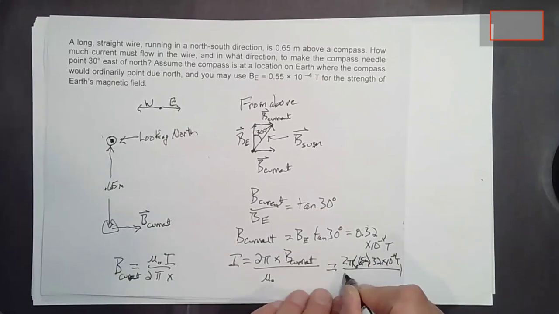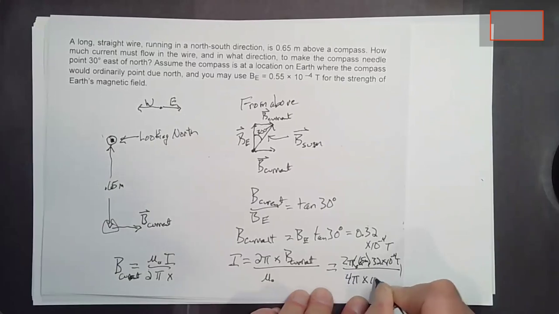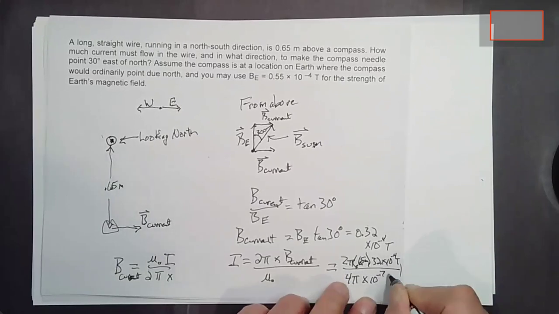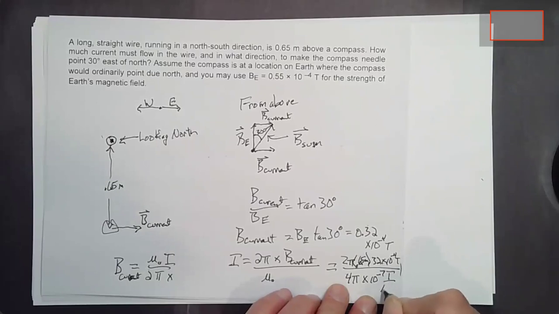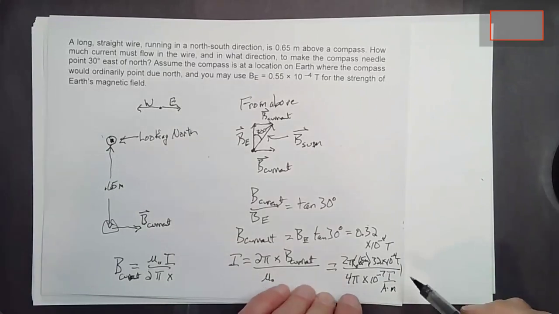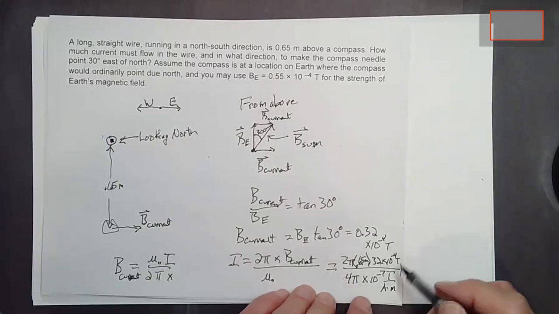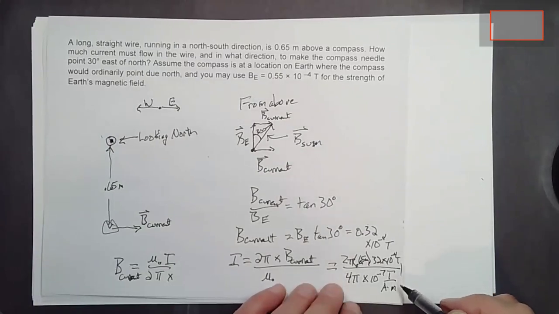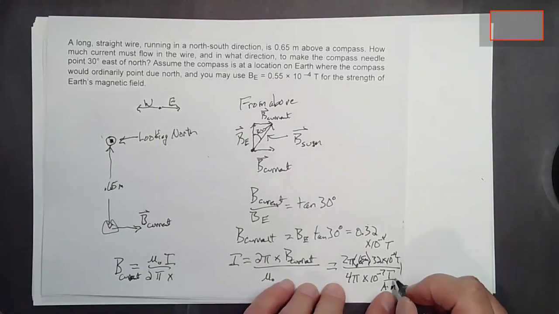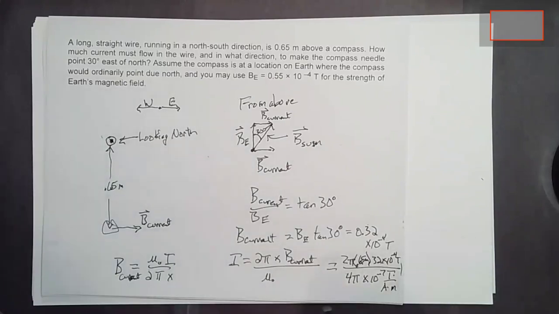On the bottom, I've got mu naught, which is 4 pi times 10 to the minus 7th Tesla meters per amp.